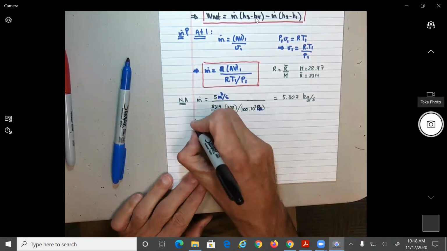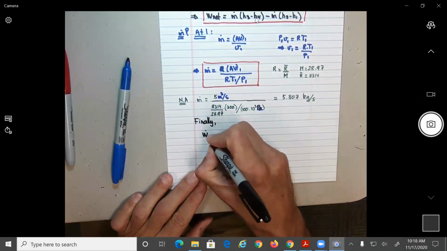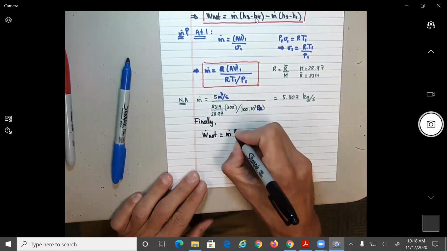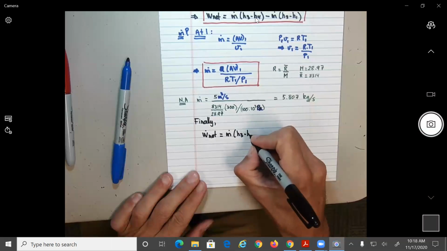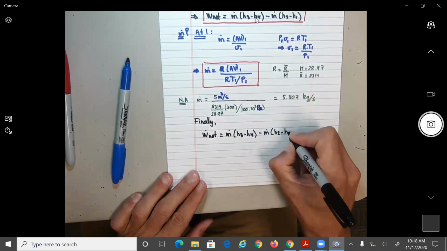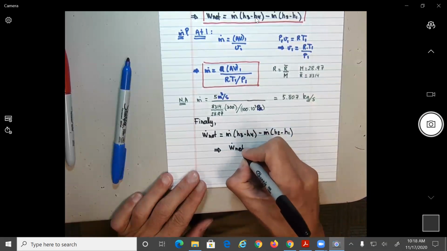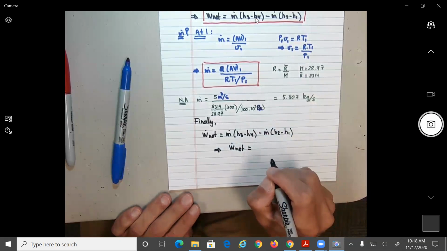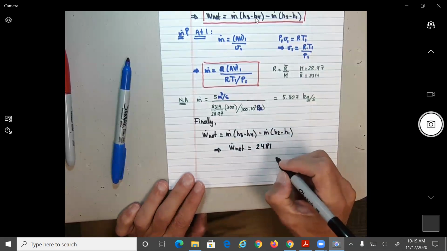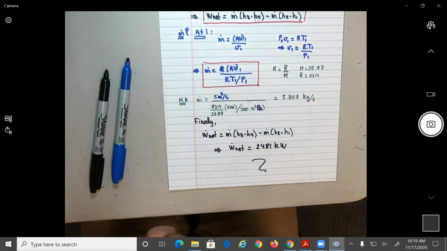So finally, what do we have? The net power is equal to m dot H3 minus H4 minus m dot H2 minus H1, which again, I'm just going to give you, since I have the solution, you can go and check. 2,481 kilowatts.